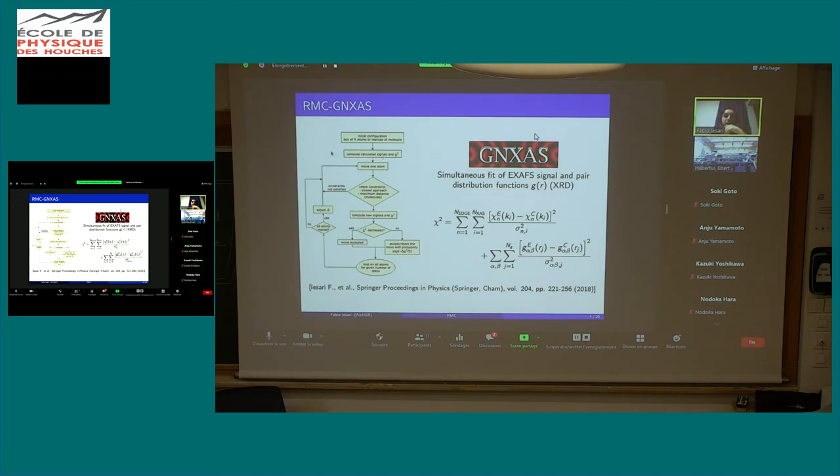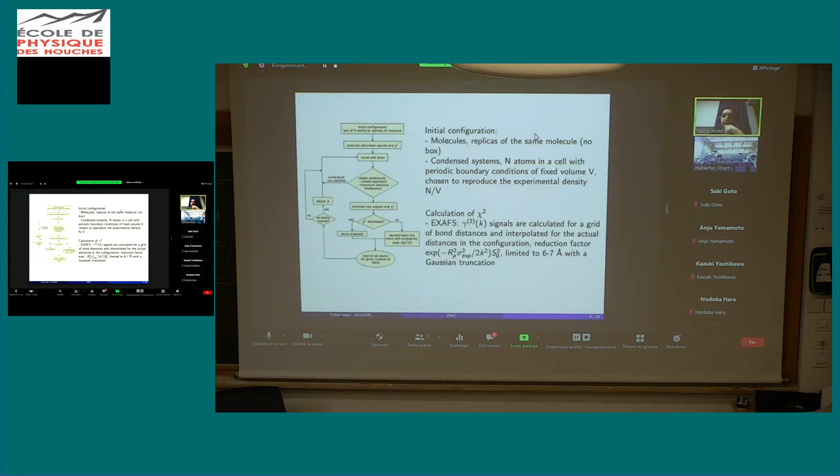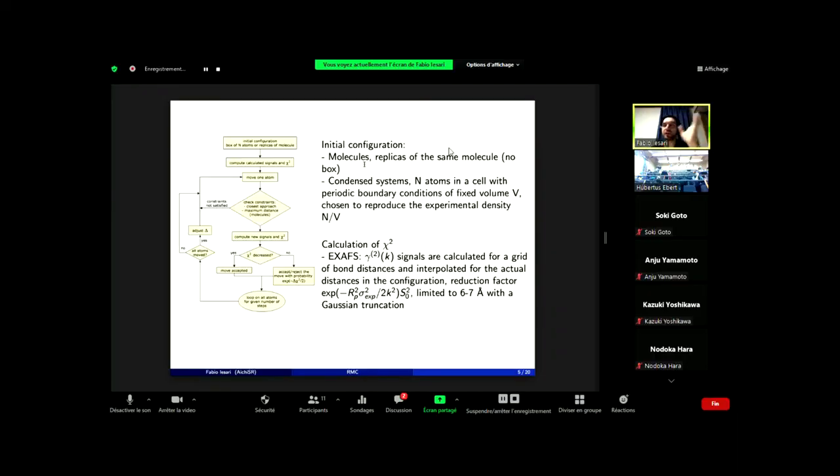And so this is the typical algorithm of the RMC. So we start initially from an initial configuration that can be guessed or can be created randomly. And in general, we have two different ways to create an initial configuration. We have, let's say, two different kinds of system. We can have molecules where replicas of the molecule are repeated many times, and the total signal is calculated as the average of the different molecules.